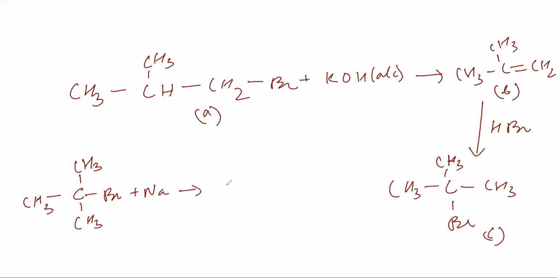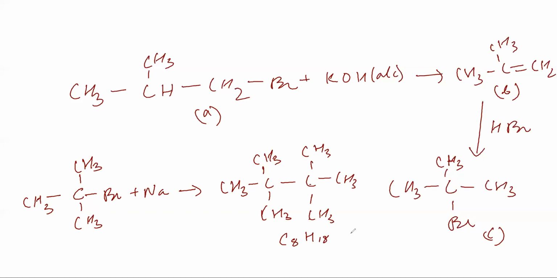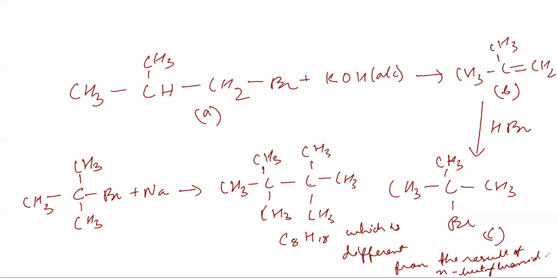So this product will be of this type: (CH3)3C-C(CH3)3, which has 8 carbons, the formula C8H18, which is different from the result of n-butyl bromide. So it is different from the result of n-butyl bromide.